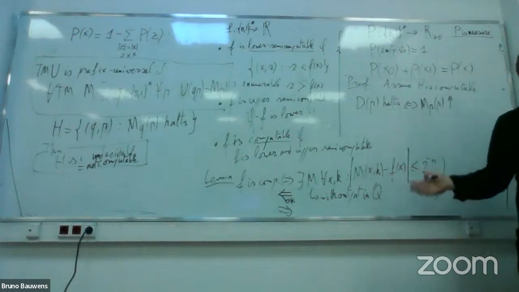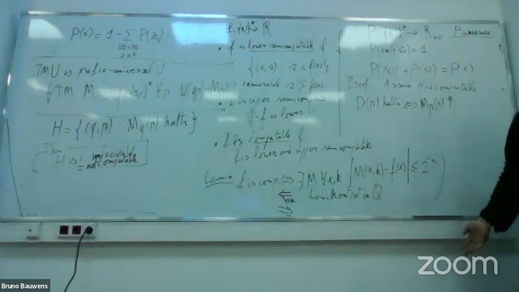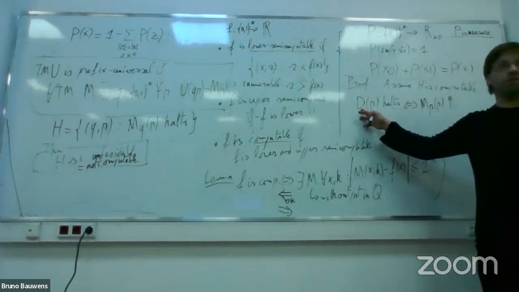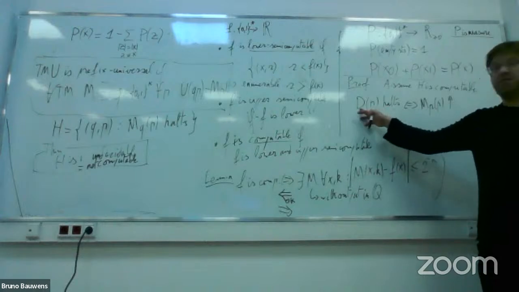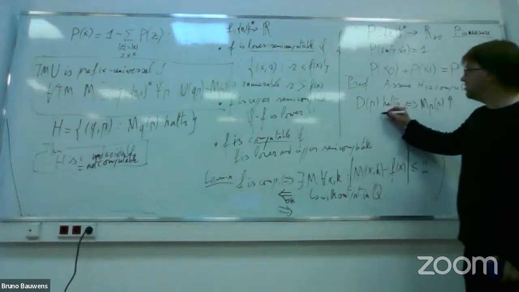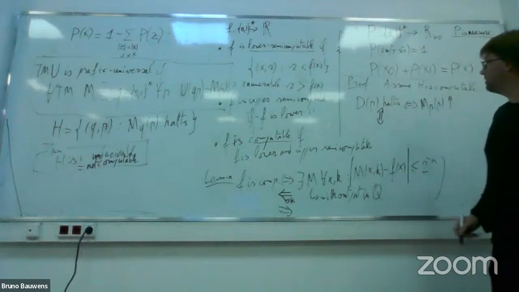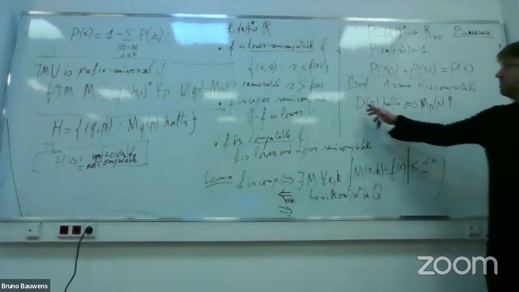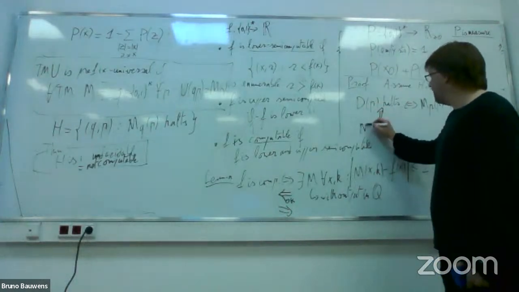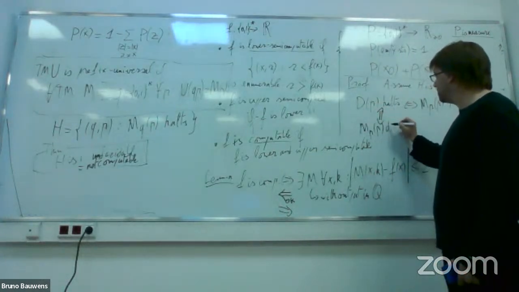Now let us choose a special P. We said that D corresponds to a real machine, and let P be the code of D. So by definition of D, D(P) halts if M_P(P) does not halt.